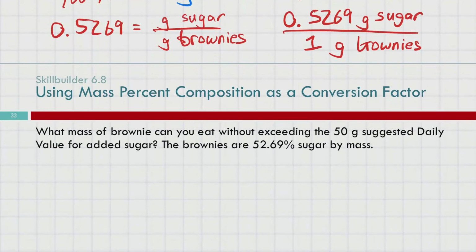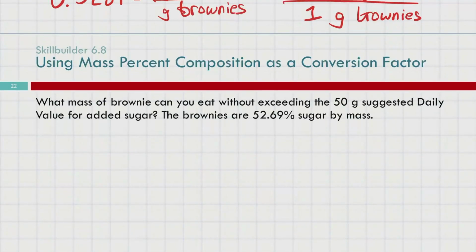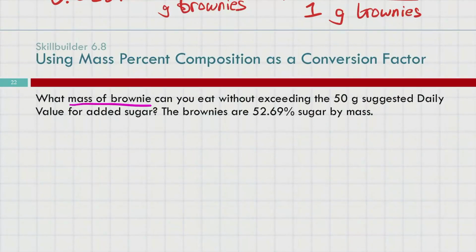We'll end after this slide. So the goal that we were working towards, what mass of brownie can we eat without exceeding that 50 grams of suggested daily value for added sugar, knowing that our brownies are 52.69% sugar by mass.